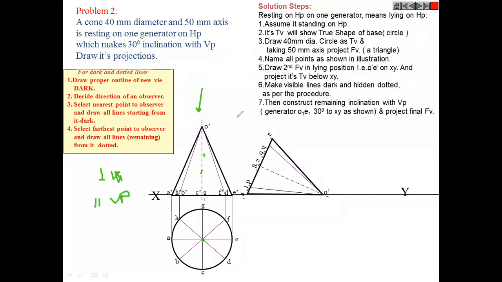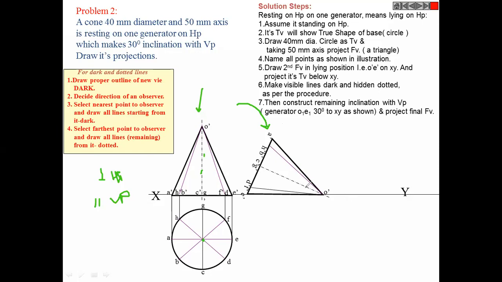Now, what is the orientation of the axis here? What is the orientation in the second step? Parallel to VP and inclined with HP. Correct. Very good. So what we did, we just made the axis inclined to HP.